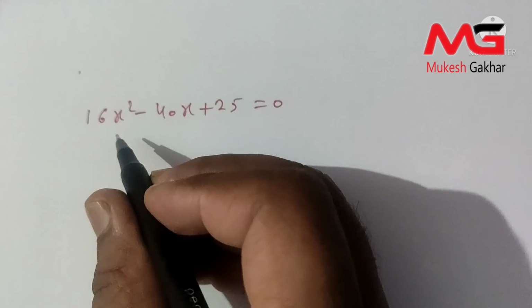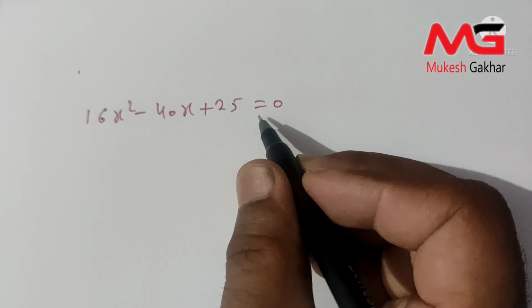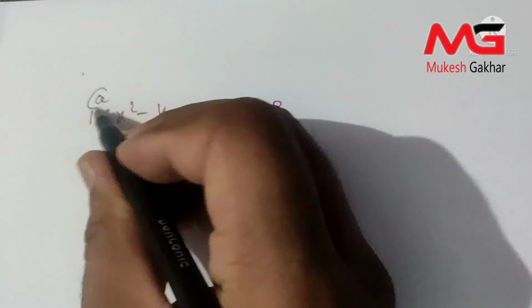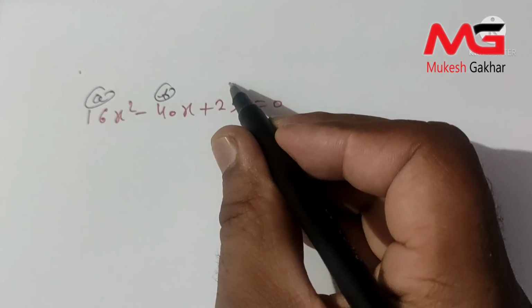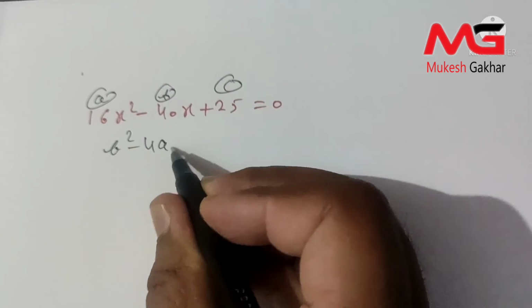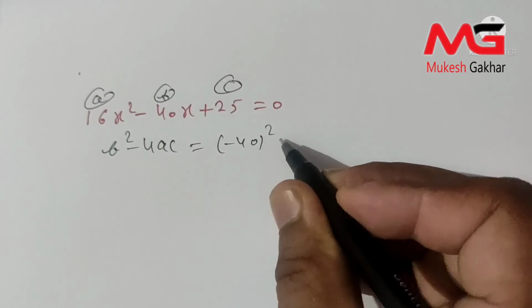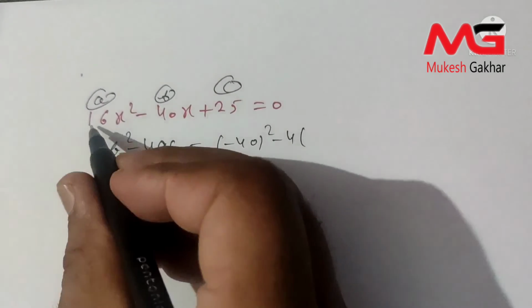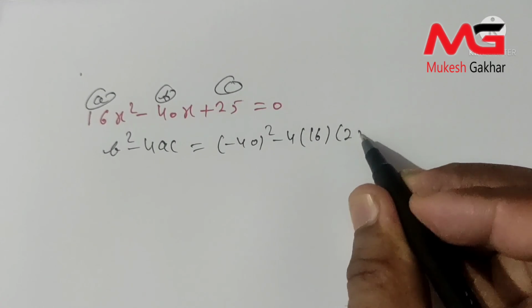Now next one is 16x square minus 40x plus 25 equal to 0. So value of a is 16, value of b is minus 40, and value of c is 25. You can put here in b square minus 4ac. So b square is minus 40 whole square minus 4 into a is 16, and value of c is 25.